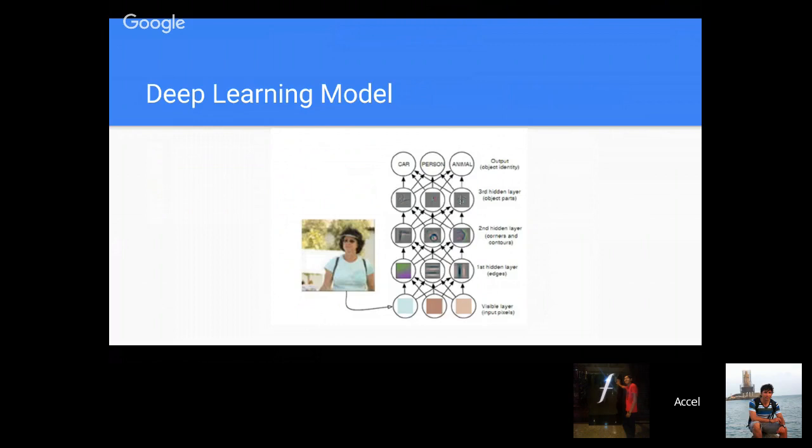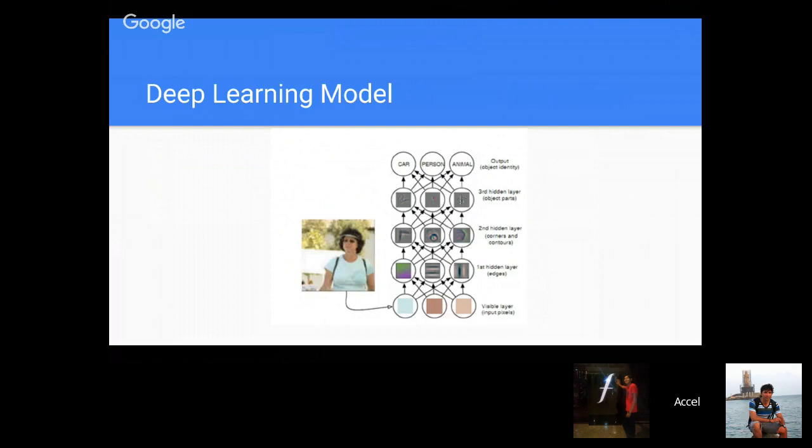Usually you'll have an input layer, as shown here. If you're working with convolutional neural networks, or trying to get a machine learning model to recognize what something is inside of an image, there will be that visible layer, which is the input, and then it goes through a series of hidden layers, and then the output layer will identify what the object really is.